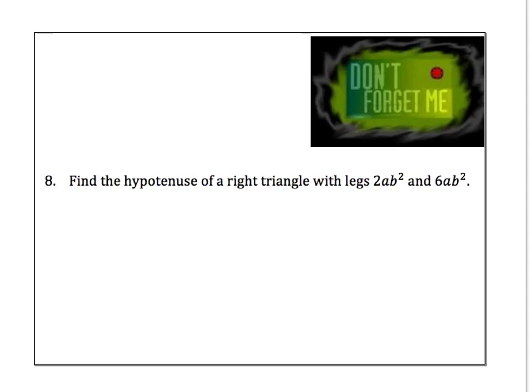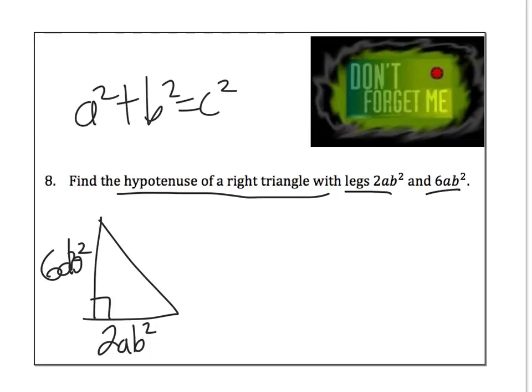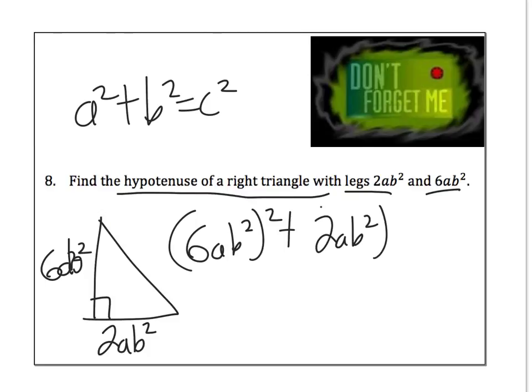All right, find the hypotenuse of a right triangle with legs 2ab squared, 6ab. So if I've got a right triangle, oops, 6ab squared. So this is Pythagorean theorem, which, you know, is right at the end of Algebra A. So that'll be 6ab squared, squared, plus 2ab squared, squared, equals c squared.